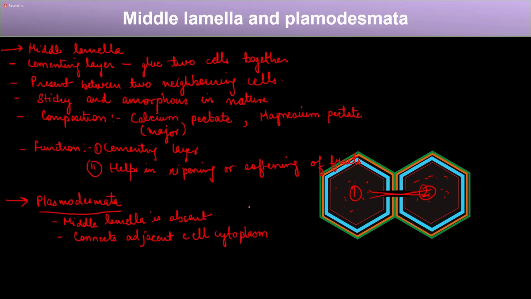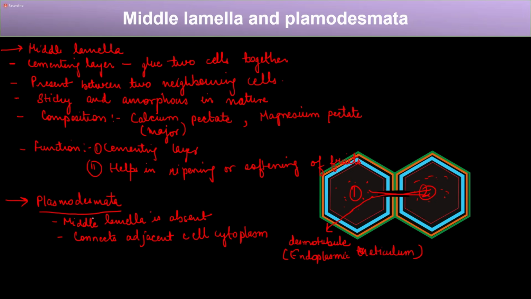And how is this connecting? This is connecting through a special structure that is called desmotubule. And what is it made up of? It is made up of endoplasmic reticulum.